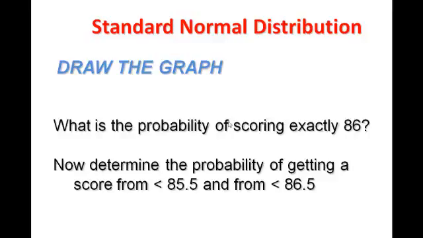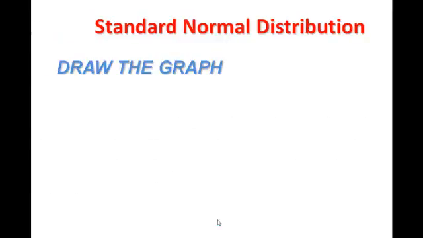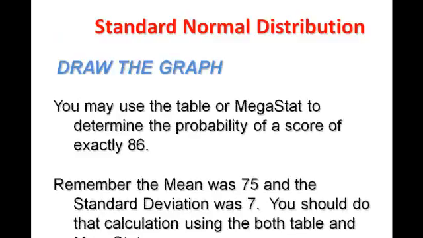So in order to determine the probability of scoring exactly 86 using a normal distribution, we have to determine the probability of getting a score greater than 85.5 and less than 86.5. So it's a couple of calculations. I'm asking you to do that calculation using both the table and Megastat.